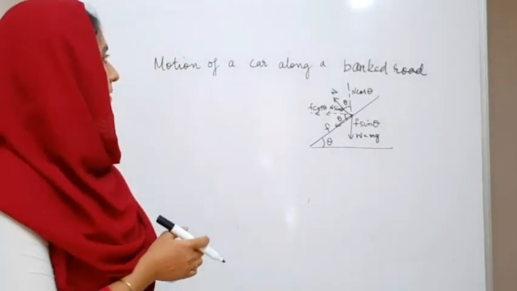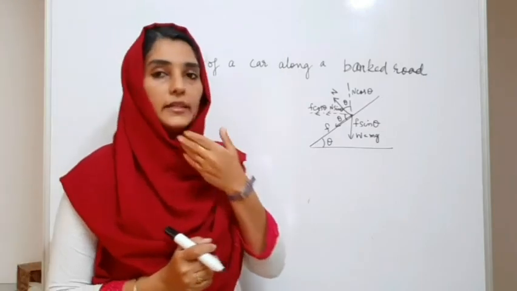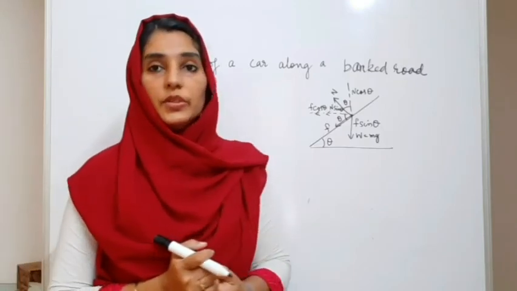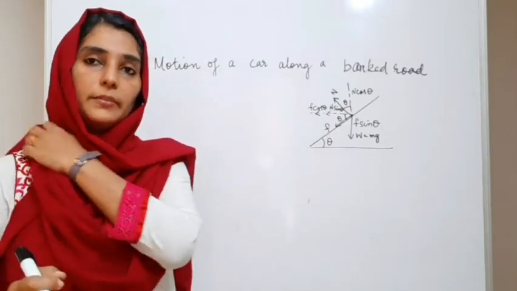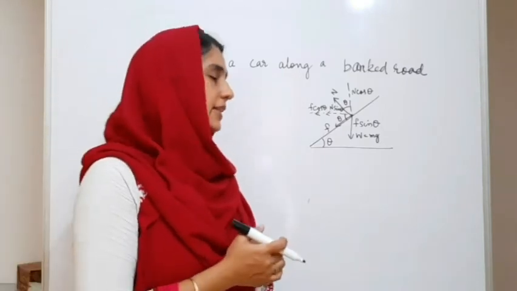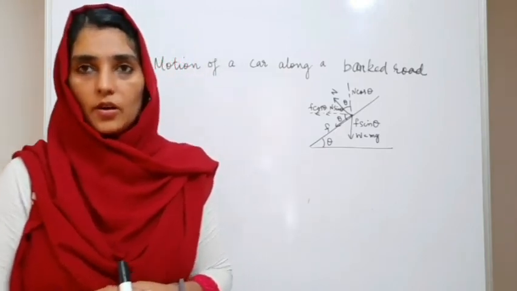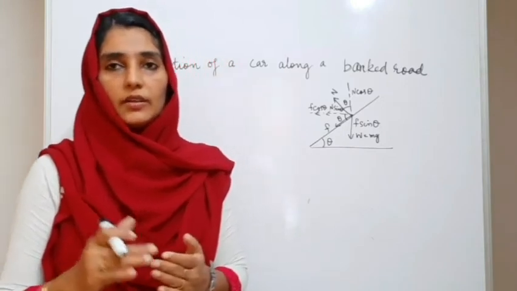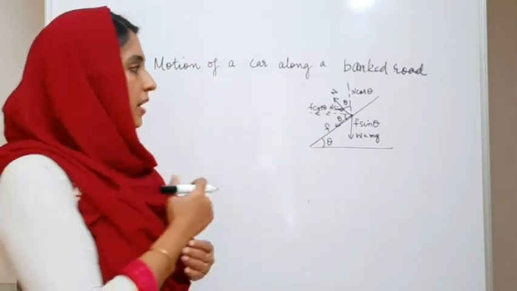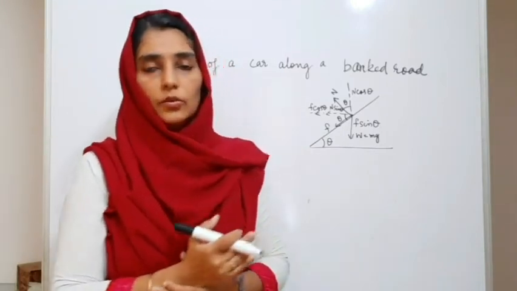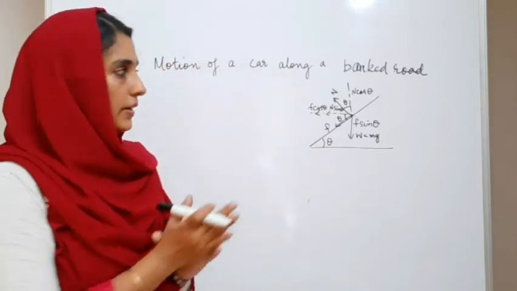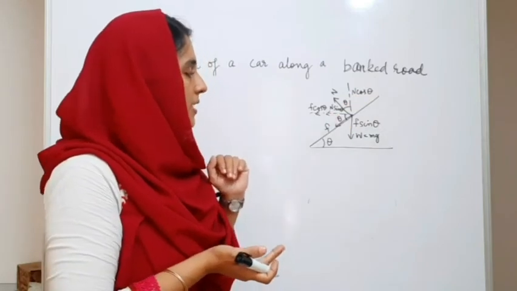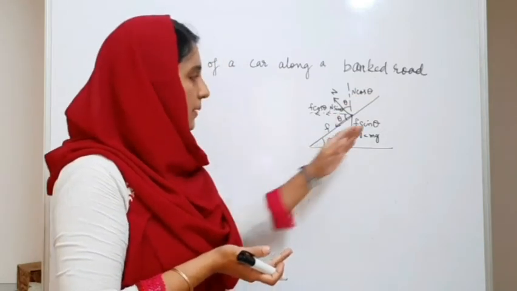So let us see the motion of a car along a banked road. Our aim is to increase the safe speed with which a car can negotiate a circular path of a given radius and for a given pair of contact surfaces. Let us see if it gets increased when we bank the road. So banking is a system of raising the outer edge of a circular path with respect to the inner edge.